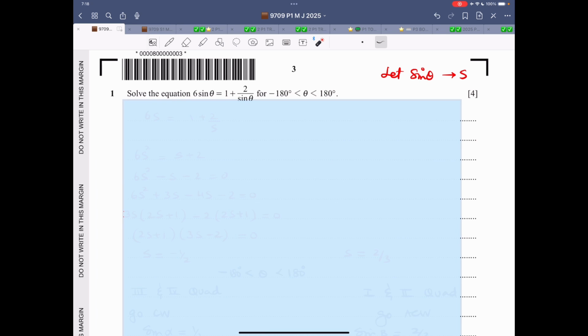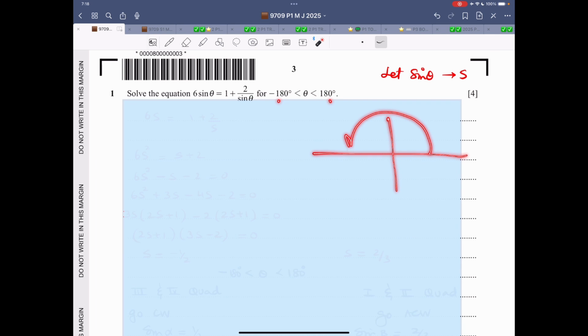Solve the equation. We solve it for the variable given, which in most cases is theta. Sometimes it's x also. Now this equation is given and the range of values of theta is between negative 180 and positive 180.